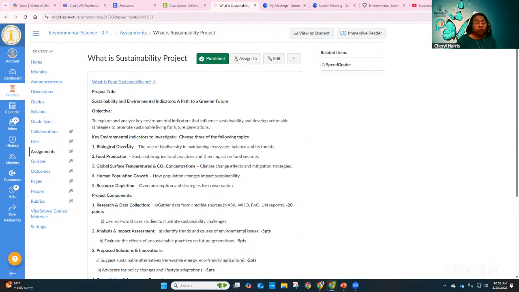All right. So what do we mean by biodiversity? What do we mean by food production? What do we mean by global surface temperatures and CO2? Okay, again, of the 4, pick 2.